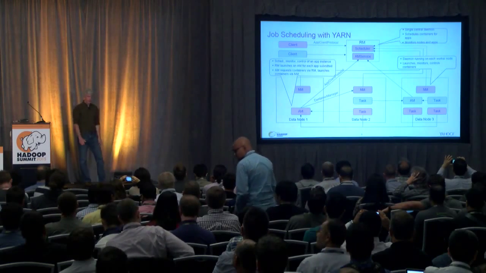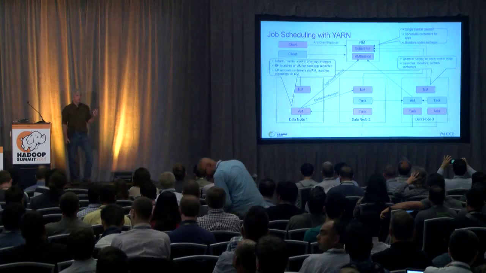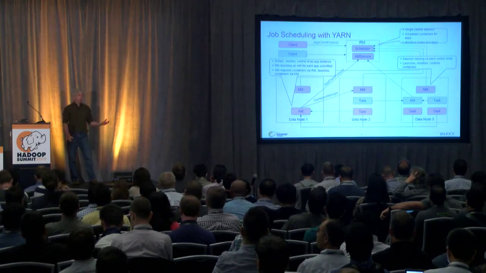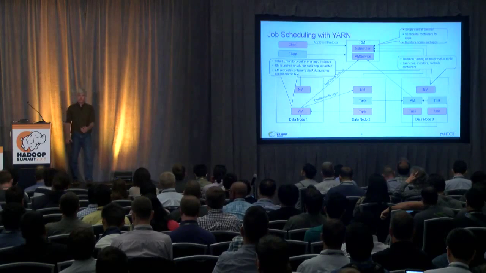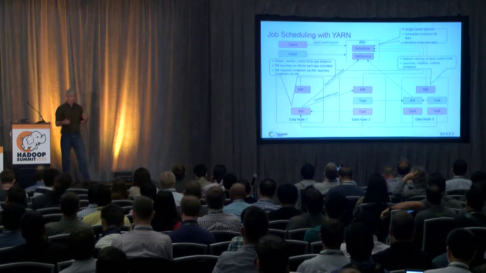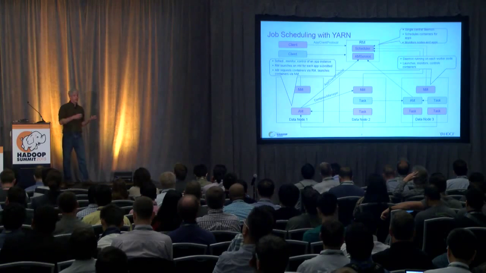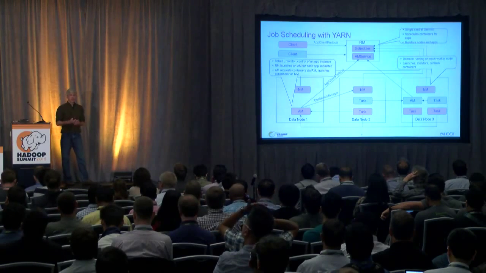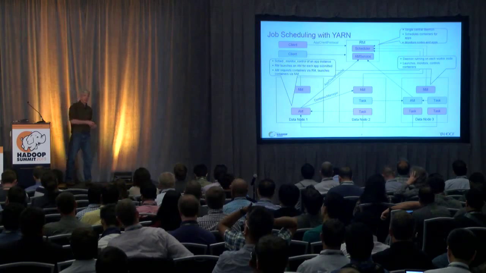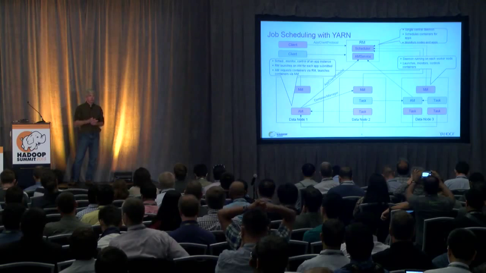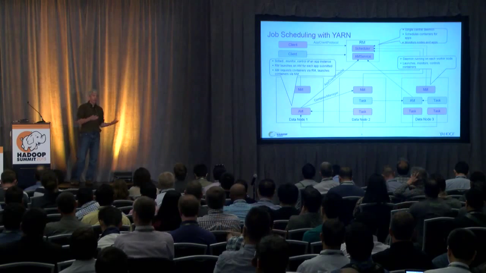And then third, you have an application master. So this is the application-specific logic that gets started for every application. So you have a MapReduce version of this. You have a Tez version of this. Any type of computing engine will start as an application master. That application master then knows what types of containers it wants. It knows it needs memory-heavy containers, or it knows it needs CPU-heavy containers. It knows what to request from the resource manager and at what time.